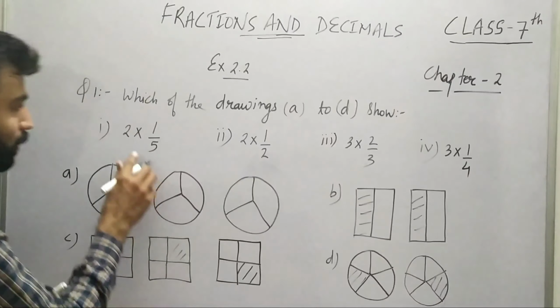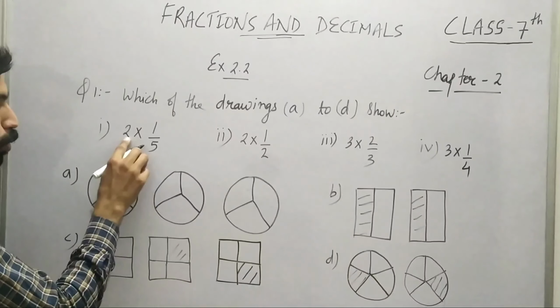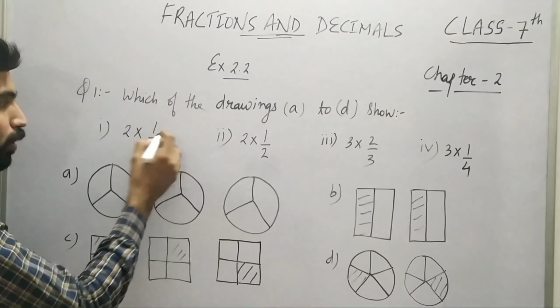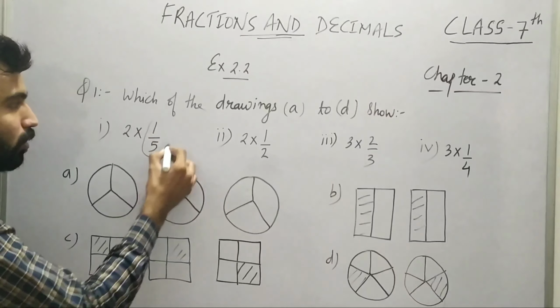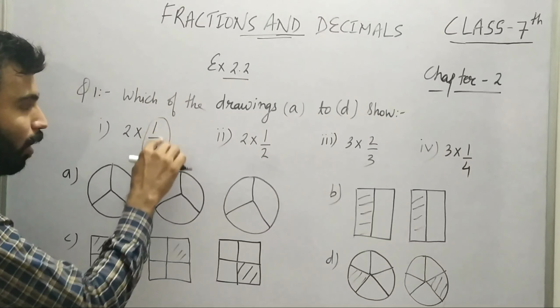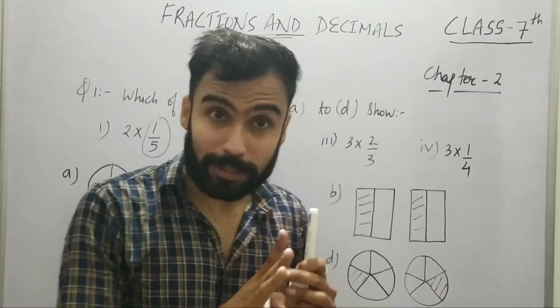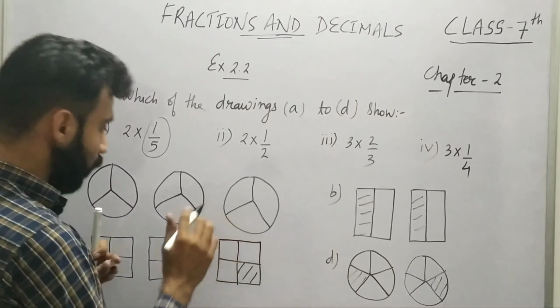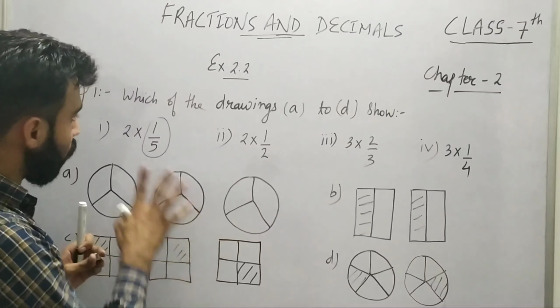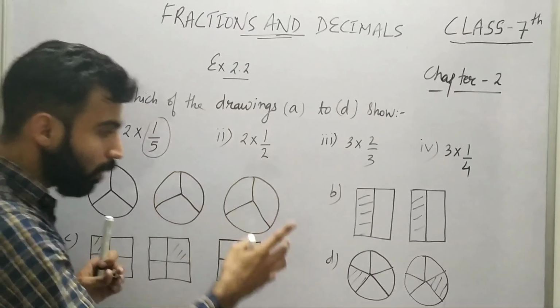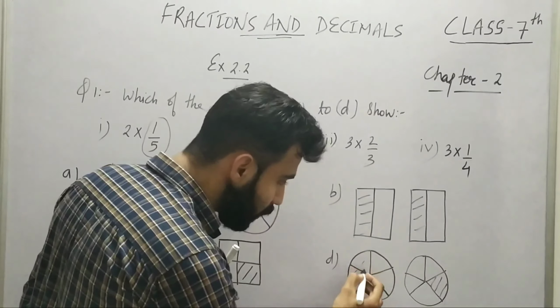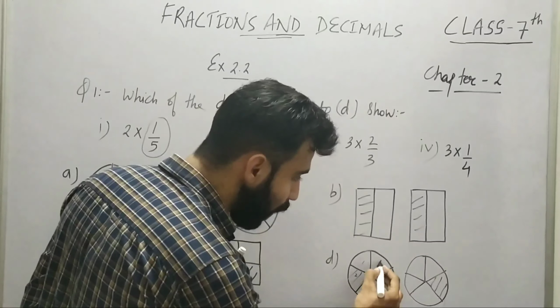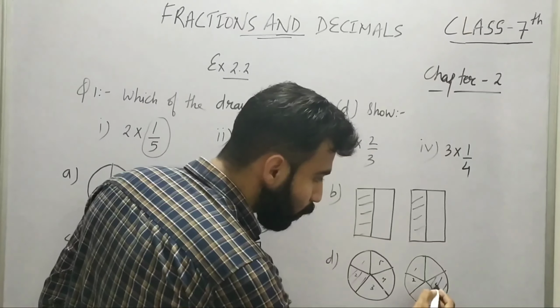Getting my point? So you can see here the first part is 2 into 1 by 5. So this fraction says that 1 out of 5 parts are shaded and there are 2 of it. So let me find out which one is. Let me first find out the 5 parts of any figure. So this is the part 1, 2, 3, 4, 5.